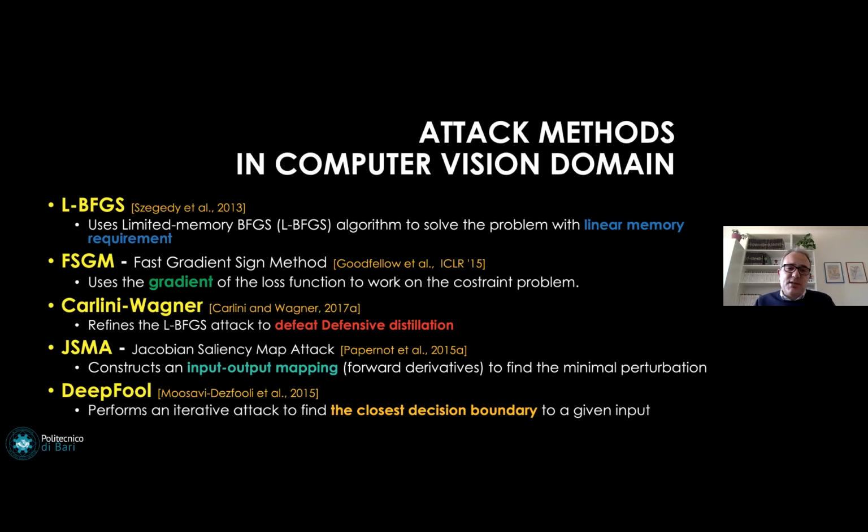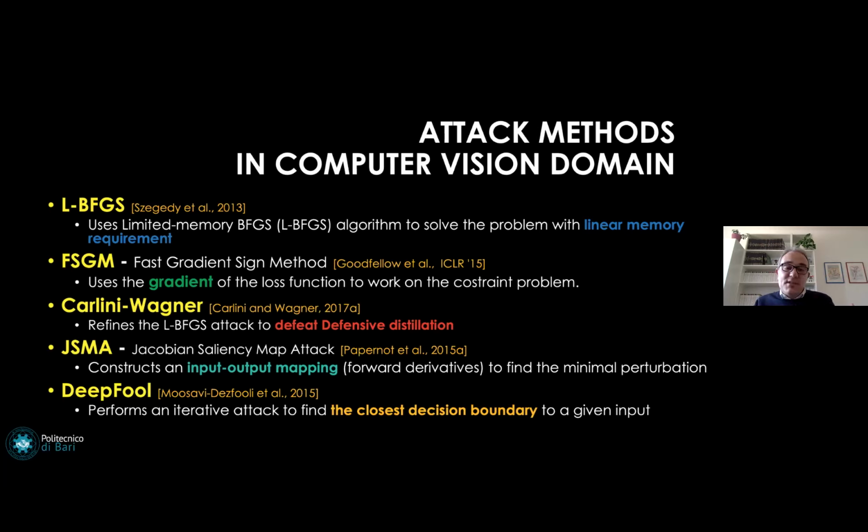Then we have the fast gradient sign method, that we will discuss a bit more later, that focuses on the gradient of the loss function to work on the constrained problem that we have presented before.